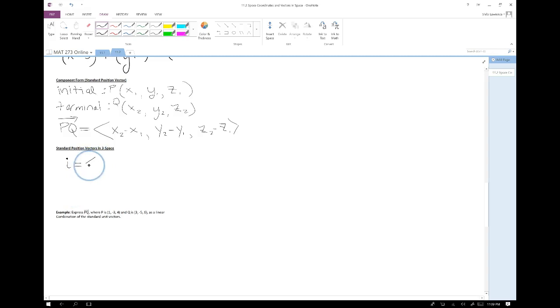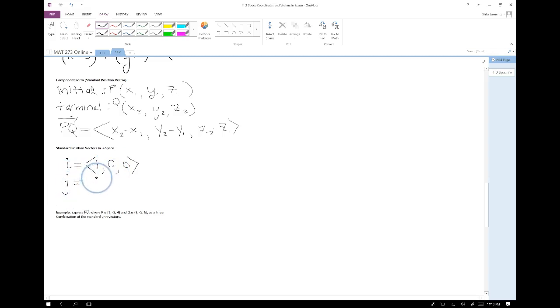The only difference is now we need to define all of our standard unit vectors in 3 dimensions. So i is still a 1-unit vector along the x-axis. So it has a component of 1 in the x direction and 0 in the y and z directions.